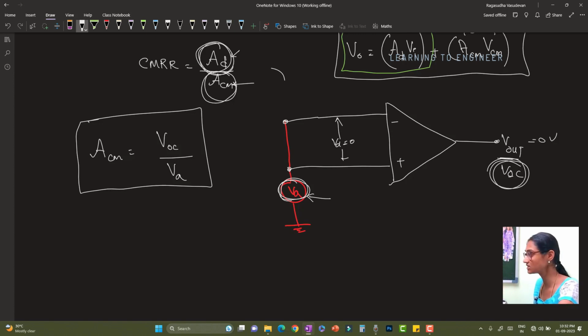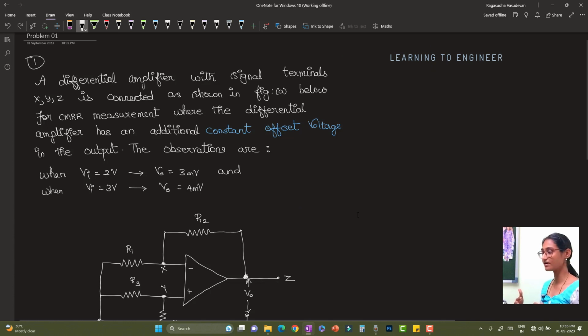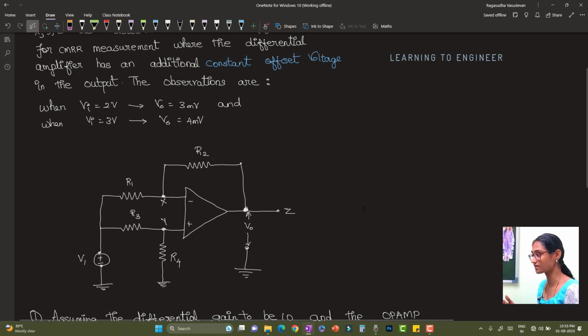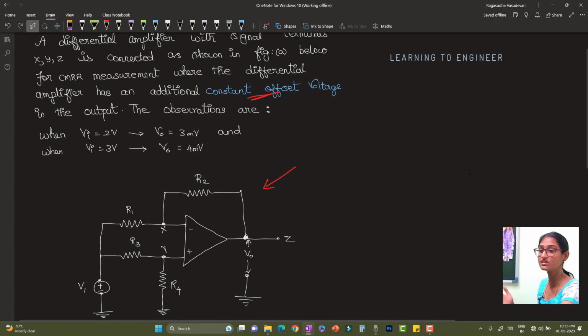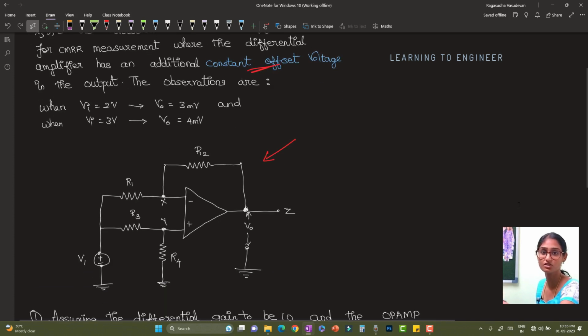The question is: a differential amplifier with signal terminals X, Y and Z is connected as shown in figure A for CMRR measurement, where the differential amplifier has an additional constant offset voltage in the output. It means that in the output, in addition to what your input contributes, there is an additional component called a constant output offset voltage.